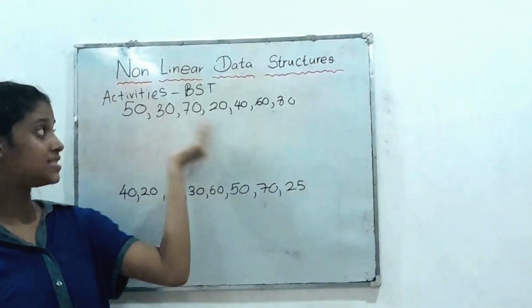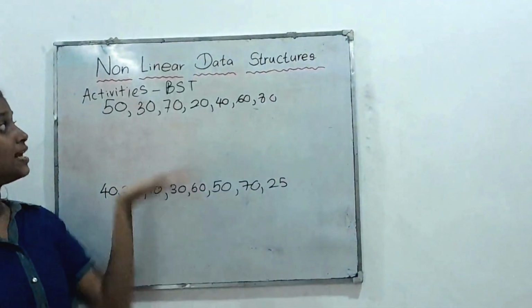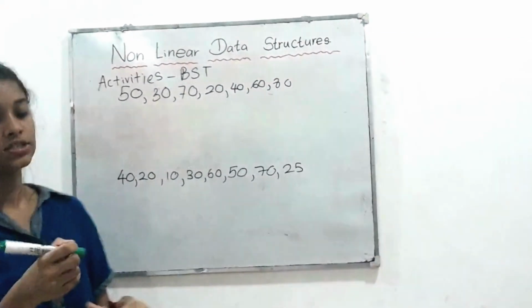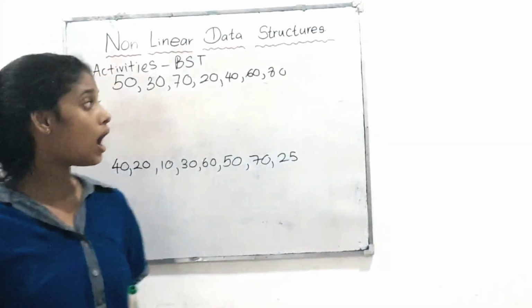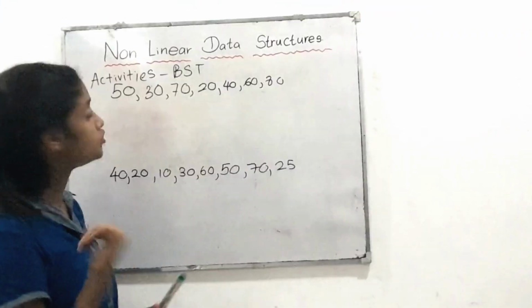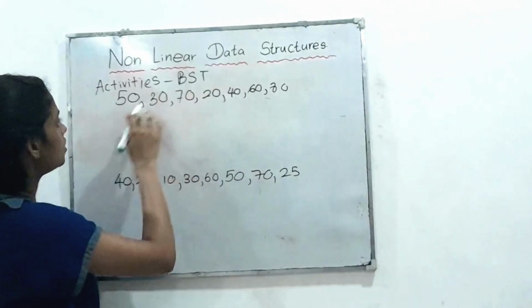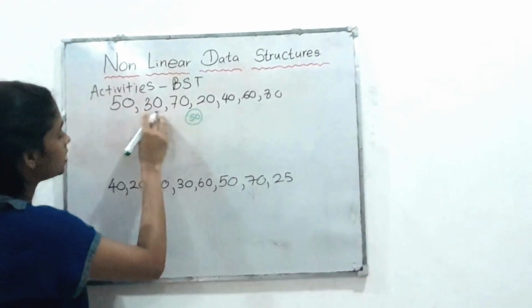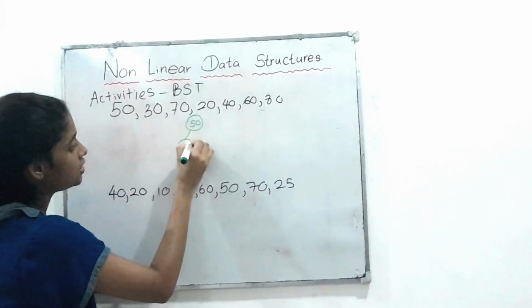You have to display this and this into BST, means binary search tree. So now we can see how these we draw, right? First we have root node as 50. The next we have 30.